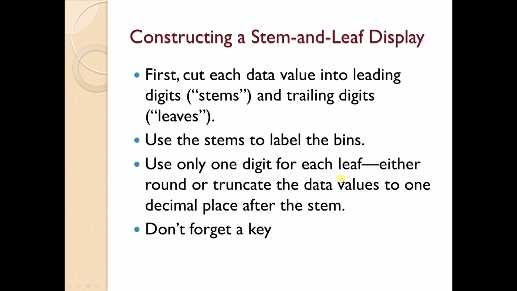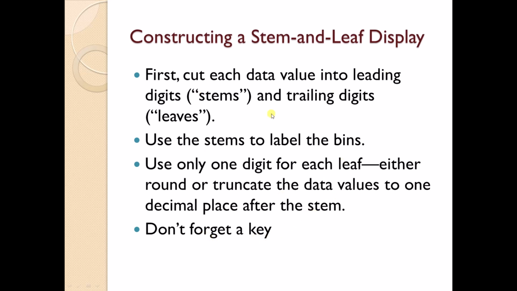If you have 56, 5 is the stem, 6 is the leaf. If your data has extra detail in it, like 56.2 or 56.8, just round the one to 56 and the other to 57. You don't want all that extra detail. It's not going to change what your graph has. So don't forget a key or a legend.